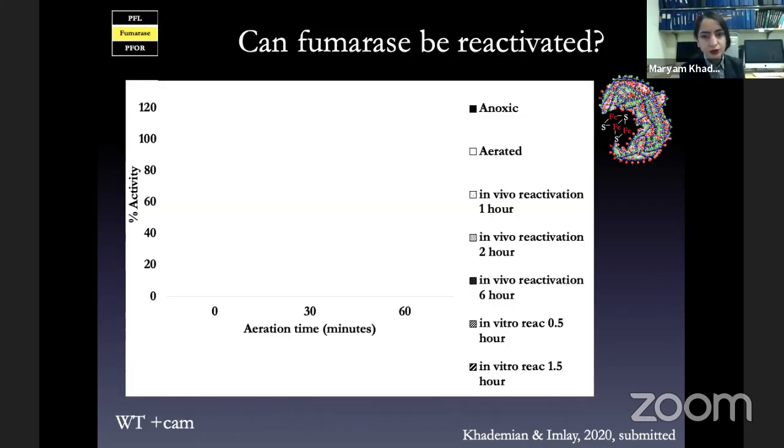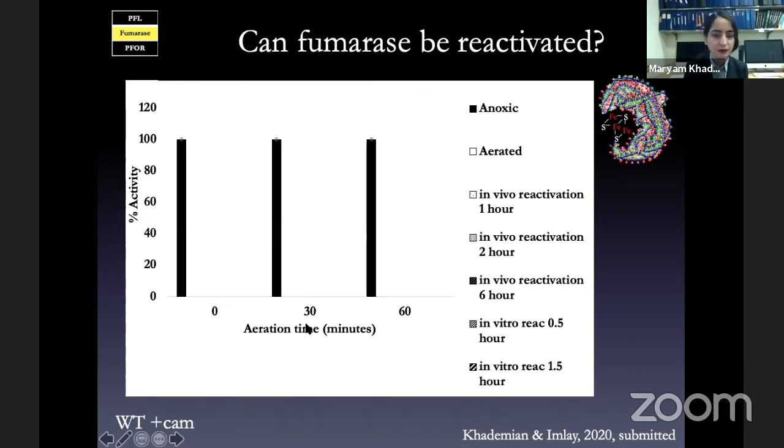Here, I took some B theta cells and I aerated them for 30 or 60 minutes. Now, if I keep them in an anoxic environment, nothing happens. But in the aerated cells, you can see that the activity of fumarase goes down almost all the way within 60 minutes.